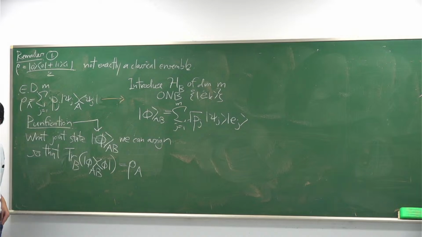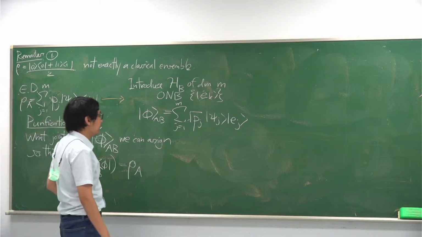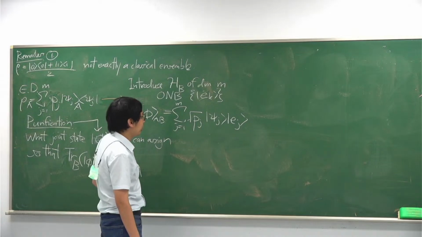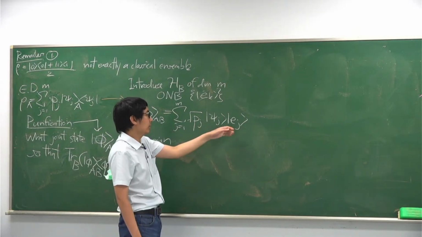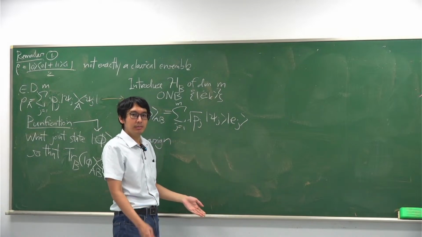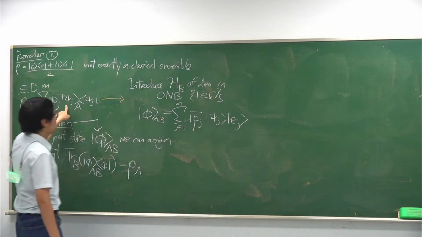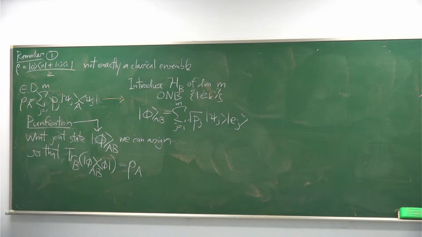By construction, right? Because if I perform the partial trace in this orthonormal basis, I would kill all the cross terms, and then just get this term in here, right?